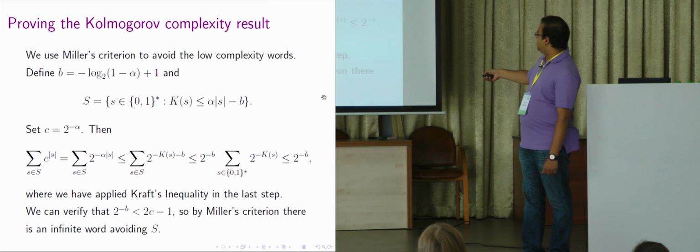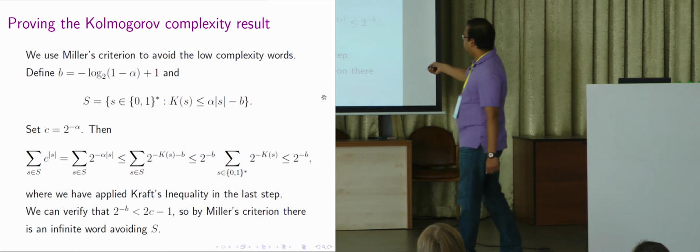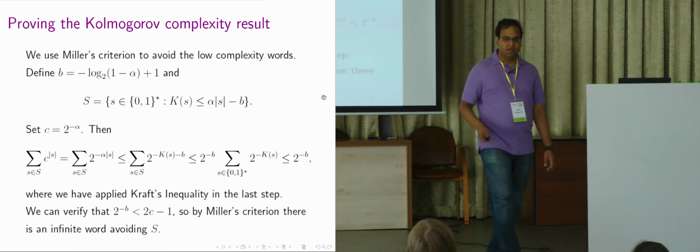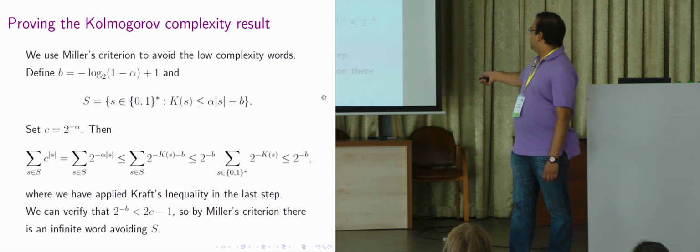And now I apply Kraft's inequality to this sum. By Kraft's inequality, if this is the prefix Kolmogorov complexity, then this quantity, computed for a prefix code, is less than 1. So this whole thing is less than 2 to the minus b.